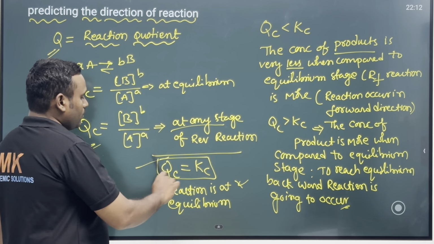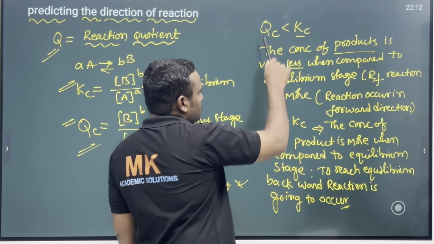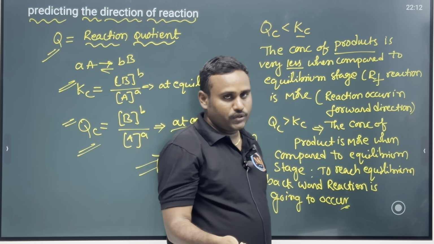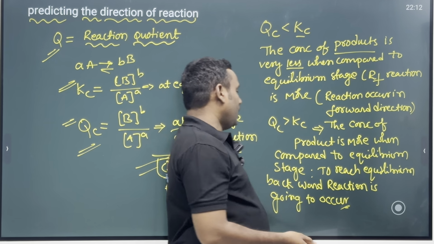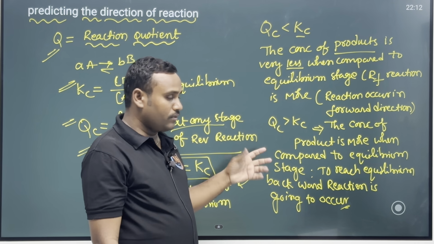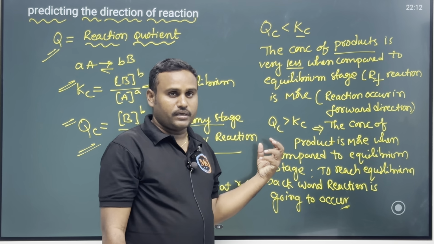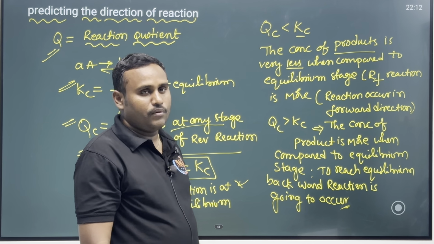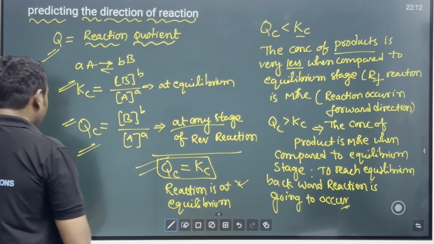If QC is equal to Kc, that is the equilibrium. If QC is less than Kc, the forward reaction takes place, reactants are converted into products. And if QC is greater than Kc, the backward reaction takes place, products are converted into reactants. Okay, so this is about the applications of equilibrium constant.